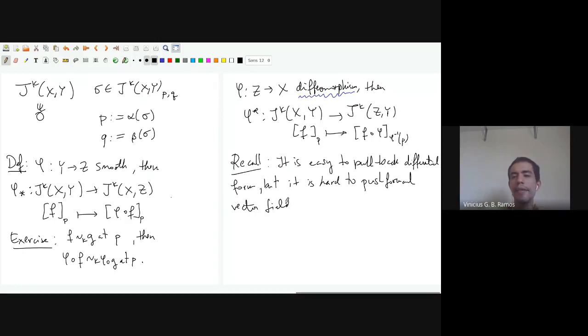When I say easy and hard here, I just mean that if you have any smooth function, you can pull back a differential form by it. But if you want to push forward a vector field, then you need to have a diffeomorphism. It's the same issue. Okay, any questions about this?